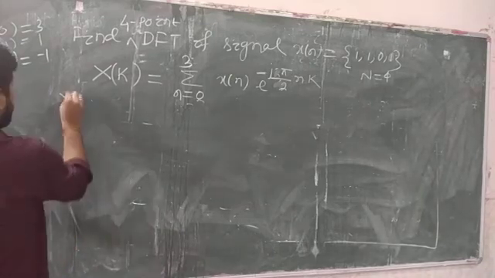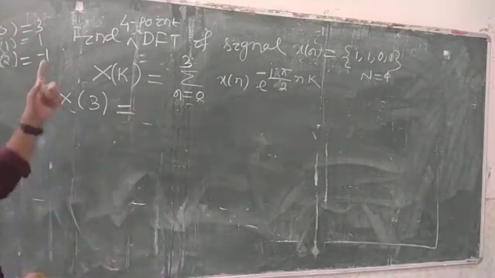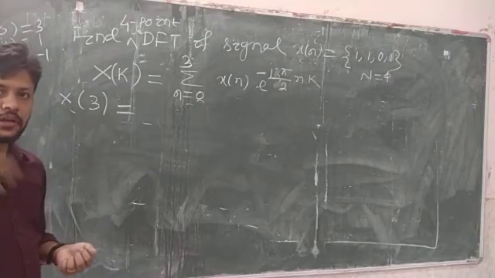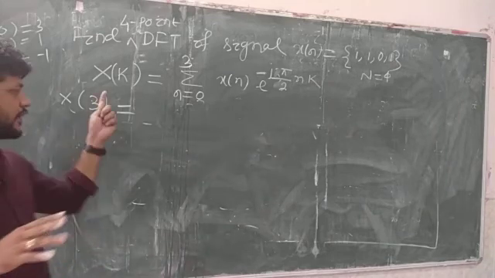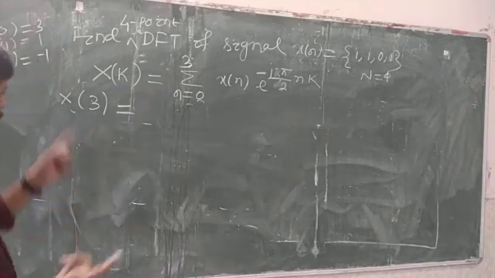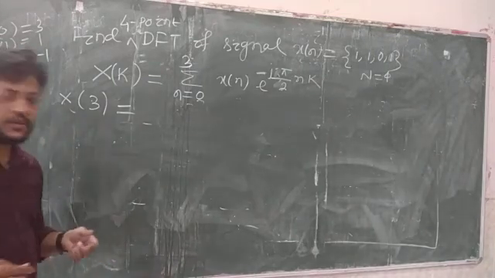Then we will find the final value, x of 3. Because it is a 4-point DFT, we have to calculate only 4 discrete Fourier transform values. First one is x of 0, then we have x of 1, then we calculate x of 2, and now we are going to calculate the final sample Fourier transform, that is x of 3.